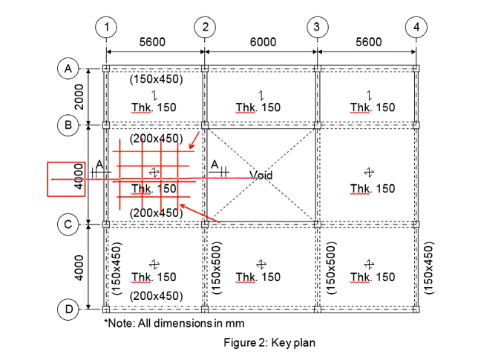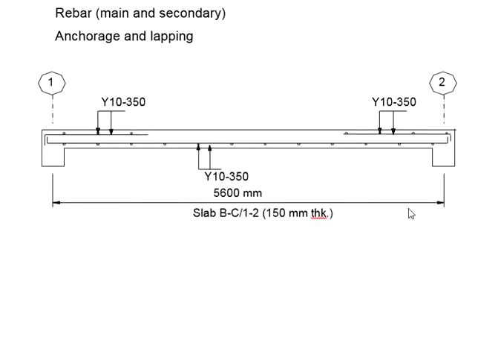Now, if you cut the section here, you view it from this side, you will see this reinforcement at the bottom and this reinforcement on the top. That gives you this reinforcement at the bottom and this reinforcement on the top.